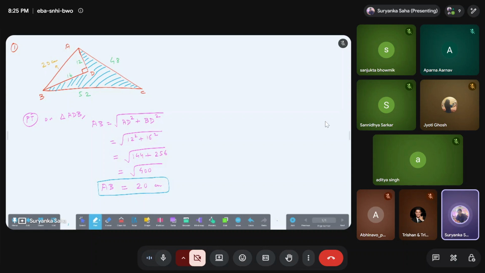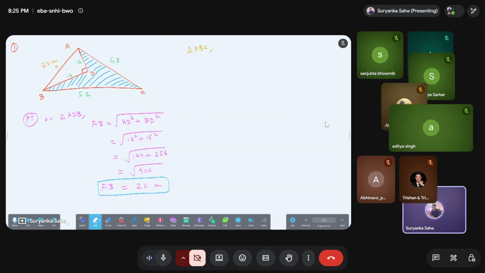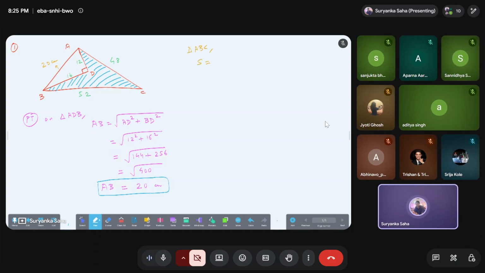For that you need Heron's formula. We are calculating triangle ABC. The semi-perimeter will be equal to the sum of sides by 2, that is 20 plus 48 plus 52.